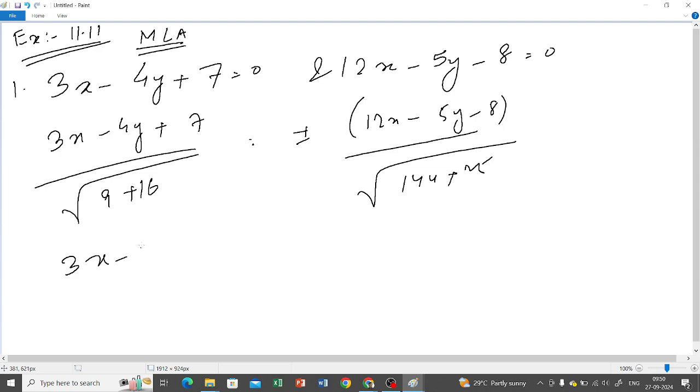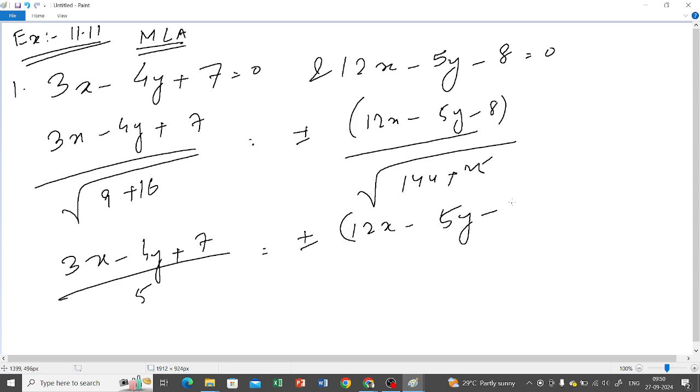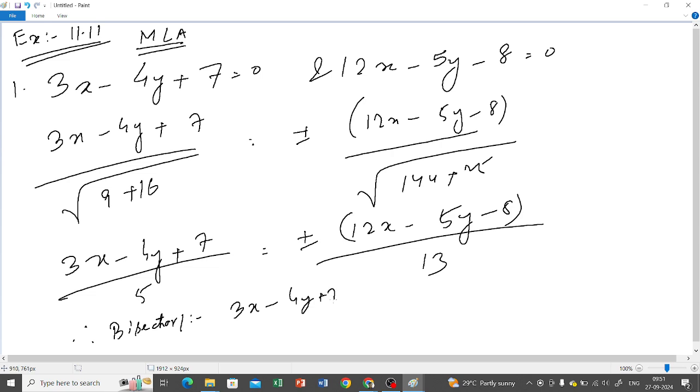So that is 3x minus 4y plus 7 divided by 5. Right? This is what we have. So what are the different bisectors? Okay. So bisector 1 is the positive part of it.